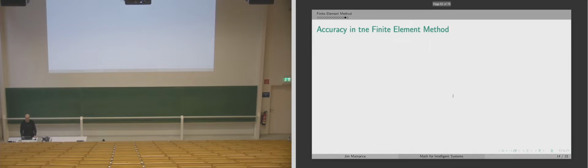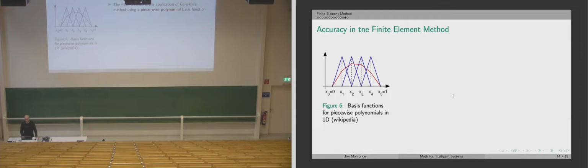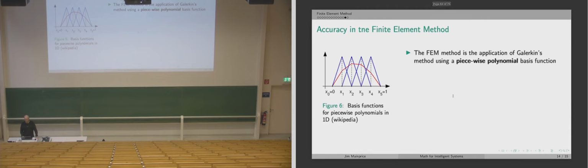So accuracy in finite element method. The finite element method is the application of this Galerkin's method using a piecewise polynomial basis function. So this Galerkin's method can be used.